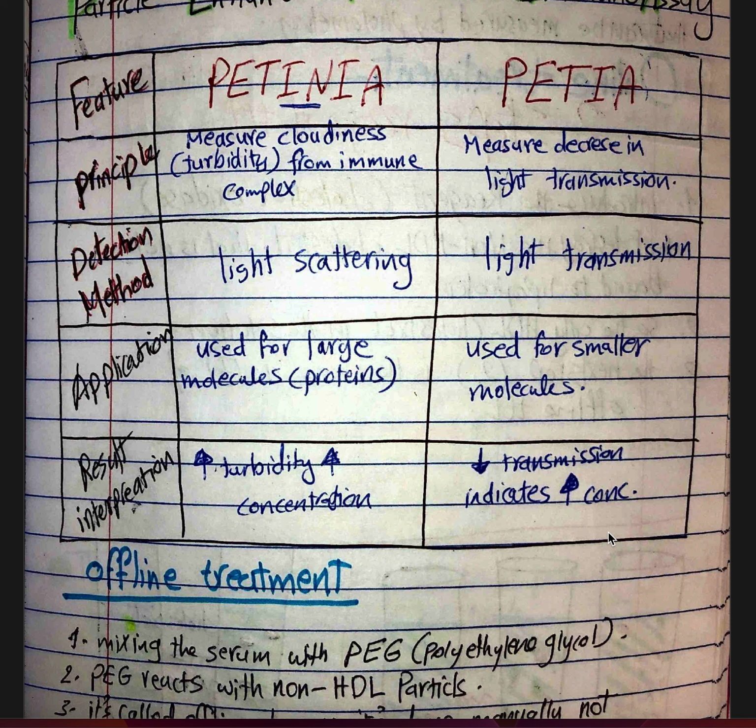This particle absorbs the light or maybe just hits this light, and then the amount of the light will be decreased once these particles absorb it, or are large enough, or the concentration is more. So we can understand that turbidity is for the large molecules and transmission is for the small molecules.